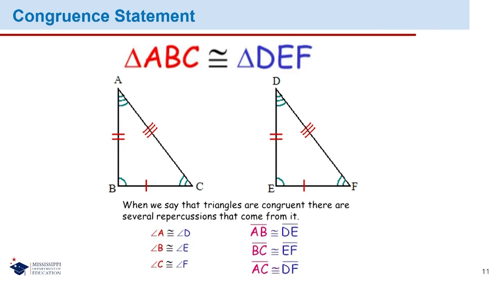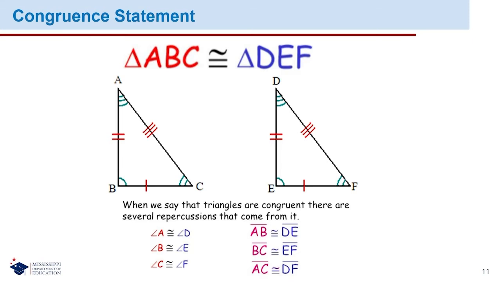So what if I don't have these pictures? Well, I can figure out what's congruent simply based on the name. The name has the points in a certain order: A, B, C, D, E, F. What that tells me is that angle A is the same as angle D, and angle B is the same as angle E, because they're both second. And angle C is the same or congruent to angle F, because they're the third listed.